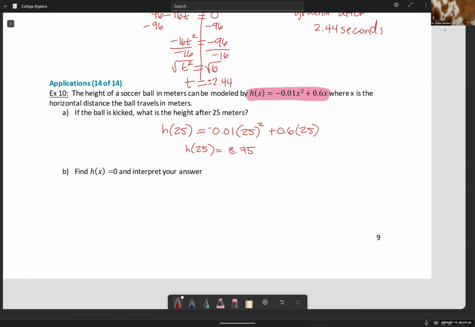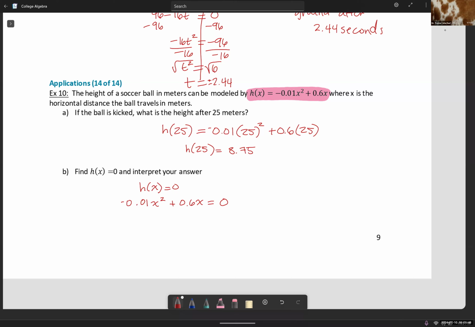It says find the height, I'm sorry, find the distance it was kicked when the ball actually is back at the ground. So we're gonna set this equal to 0. So we're gonna say negative 0.01x squared plus 0.6x equals 0. And this, unfortunately, is not a square root property, and we probably could factor it, but we'd have to multiply it by some things.